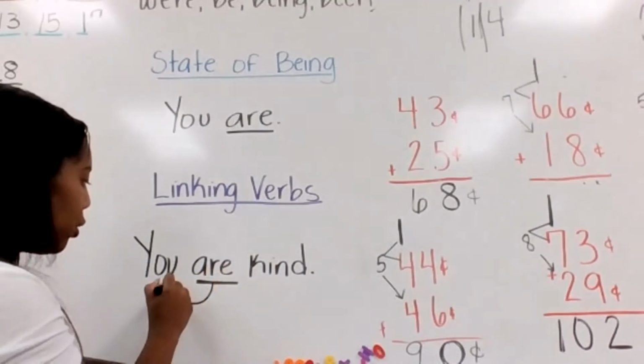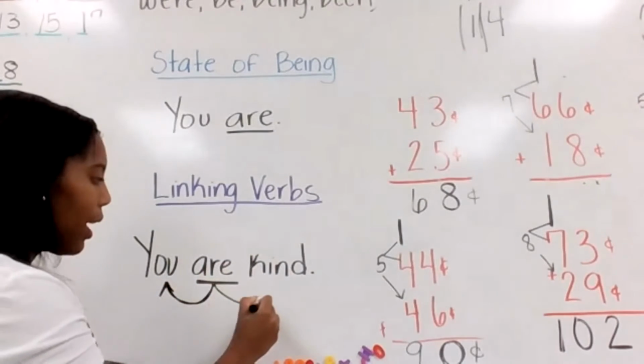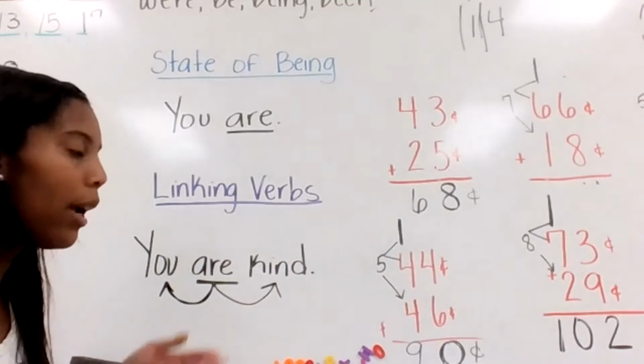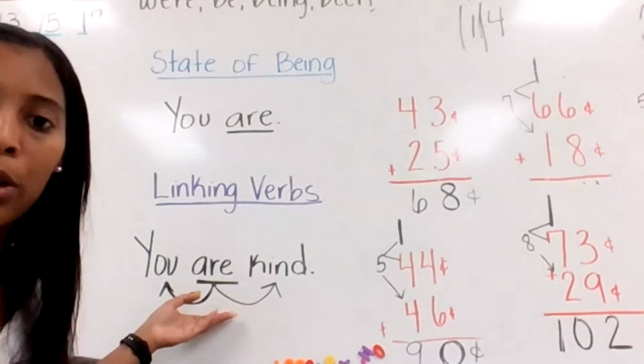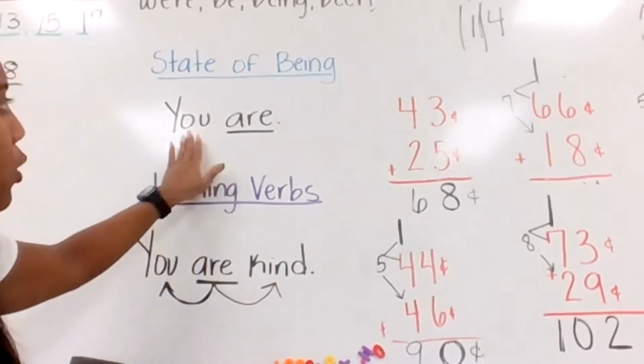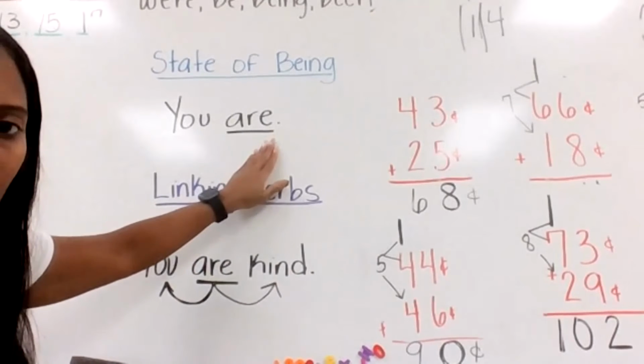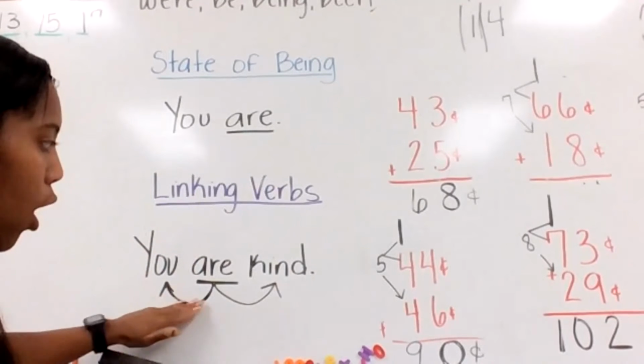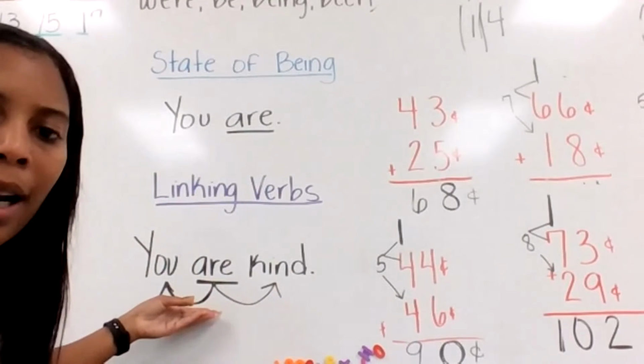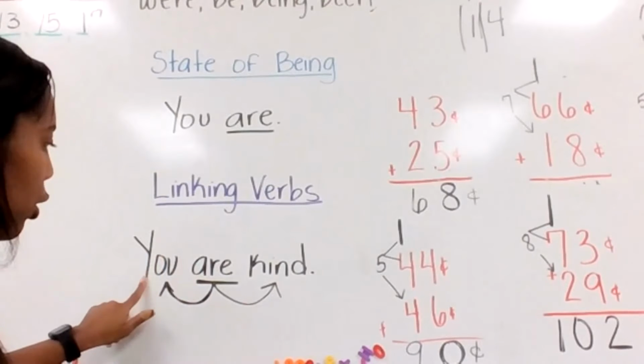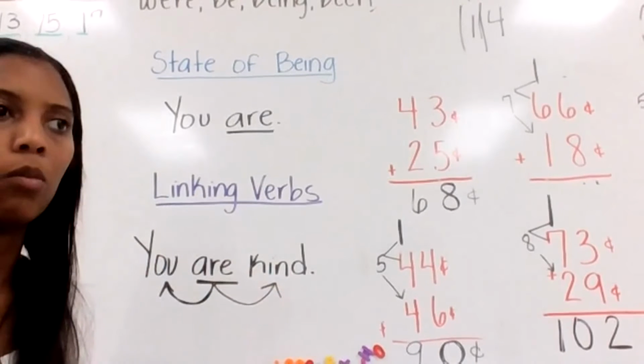Are is linking you and kind together. So that's why are has now turned into a linking verb. Whenever it was you are, just like this, that was state of being. But whenever I said you are kind, now are has become a linking verb. It's linking you to kind.